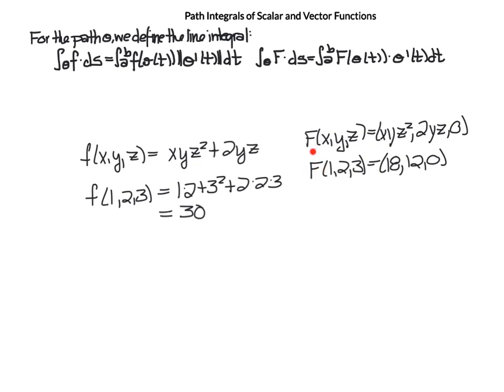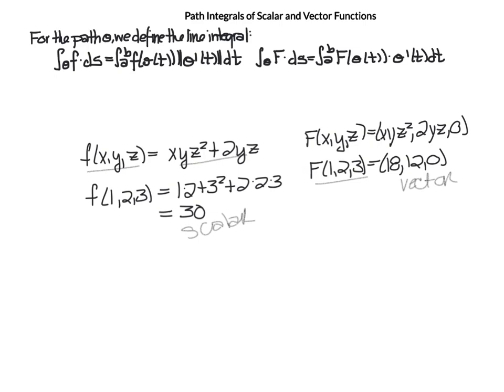So here, my vector function produces a vector. This is exactly what it sounds like. My scalar function produces a scalar, my vector function produces a vector. And it's important to keep those straight.